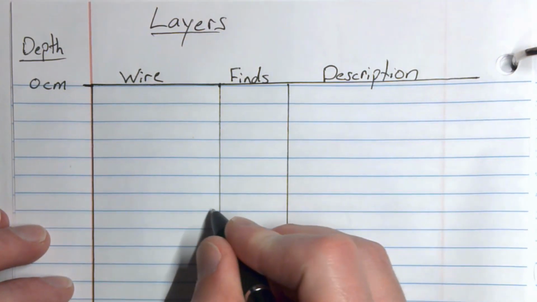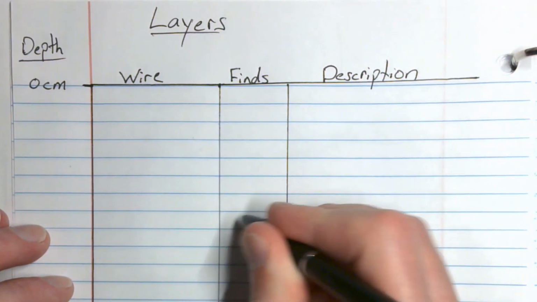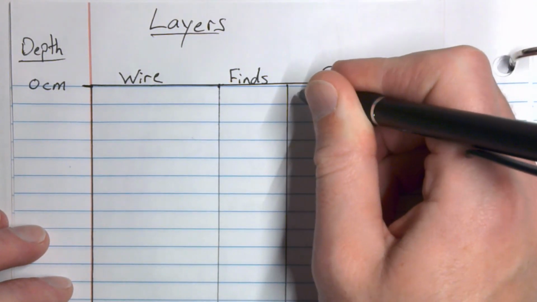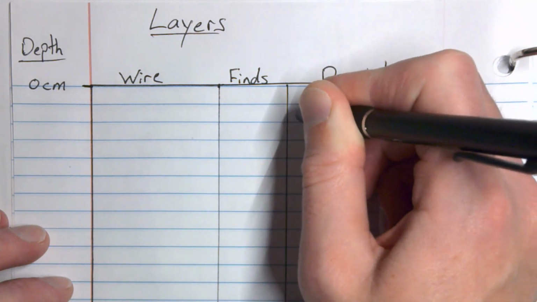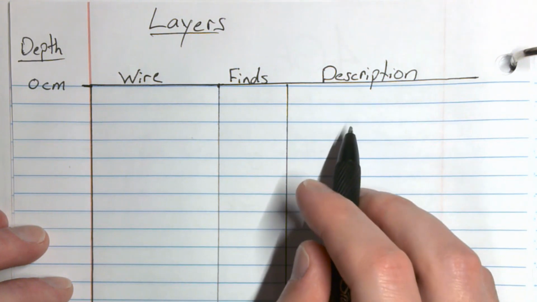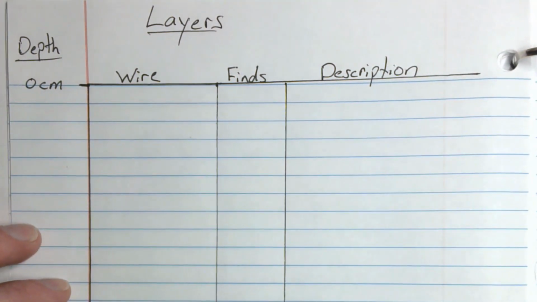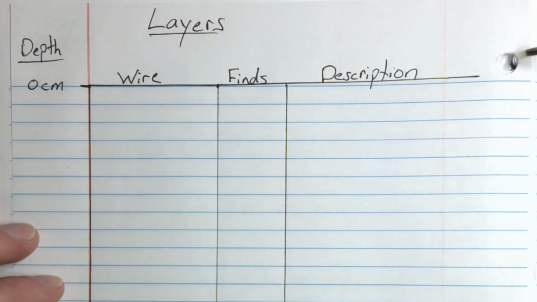I would put my label, however far down it is, so A1, and then up here I would put A, and then A1 to write down the object that I found, so a pen cap. So anyway, we'll talk more about that in a second.